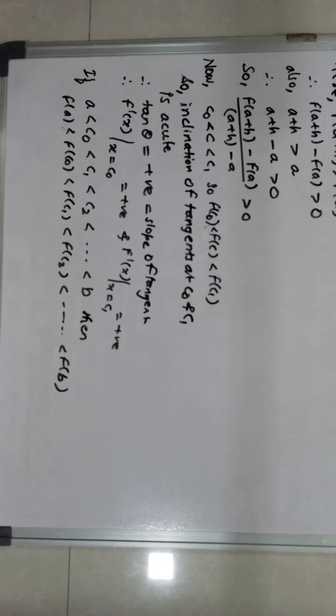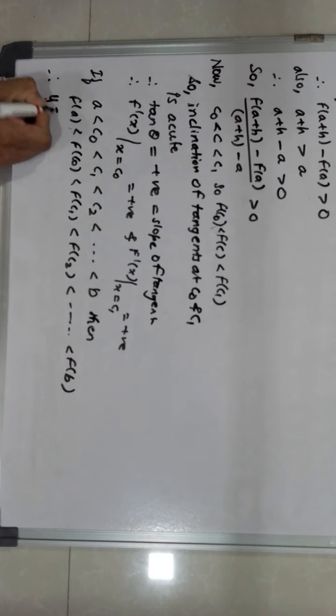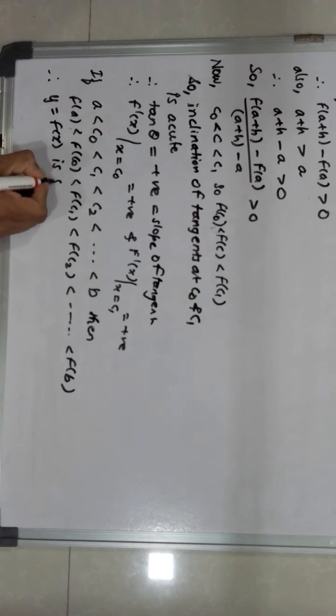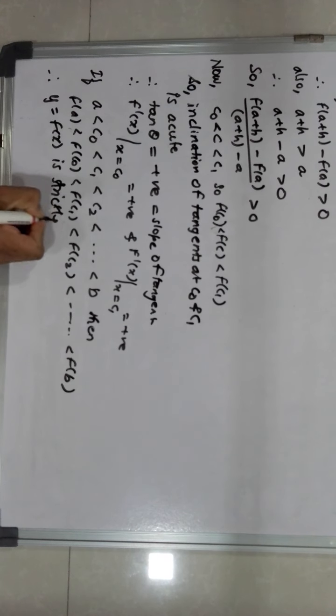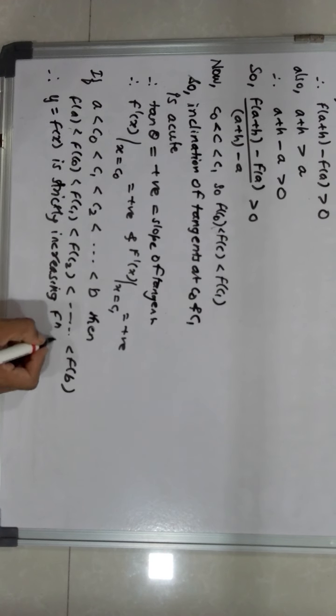That means if x is increasing, in common language we will speak, if x is increasing and y also correspondingly increases, then we say that the function is increasing. Therefore, I will say here, y is equal to function of x is strictly increasing function in the open interval A and B. So, how do I come to know that the function is increasing?